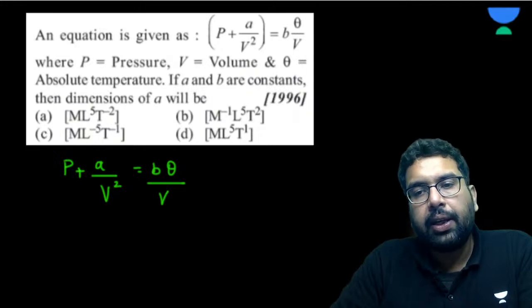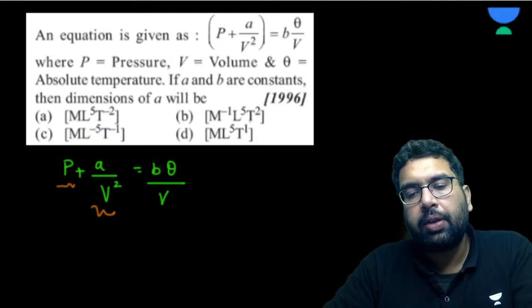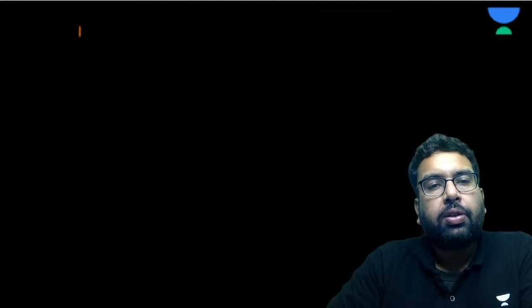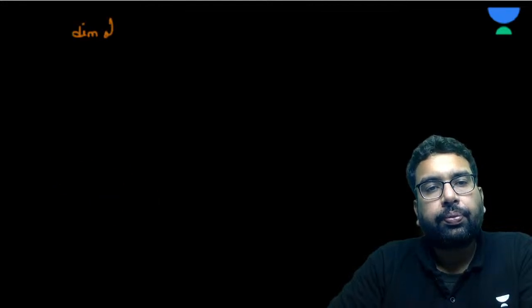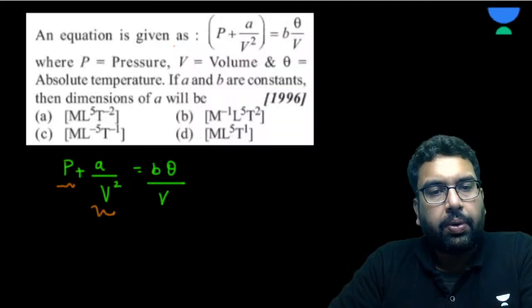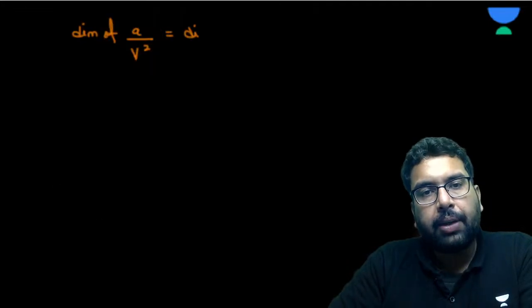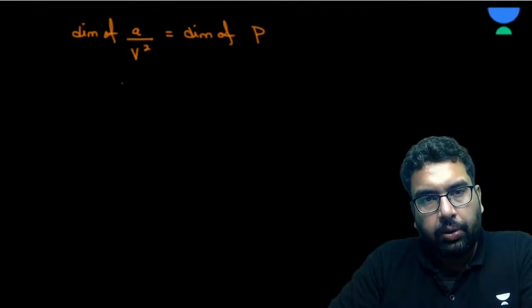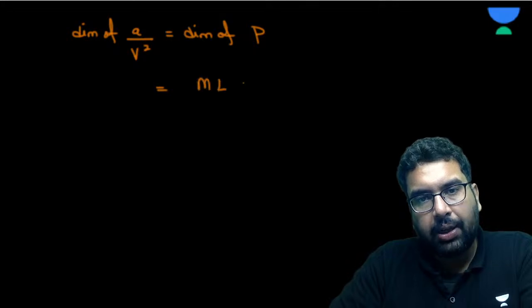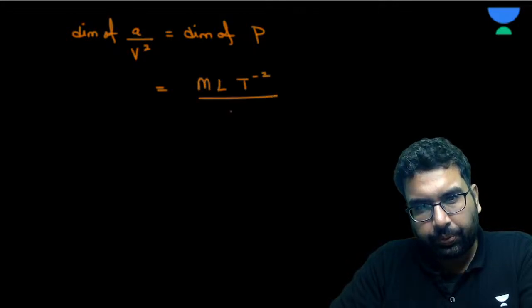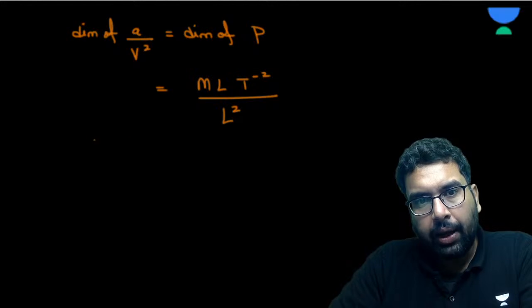So see, obviously these two terms are getting added, so they must have the same dimension. So can we write the dimension of A by V square is equal to the dimension of P, and P is the pressure, right? Dimension of P is force upon area, so MLT minus 2 upon L square.